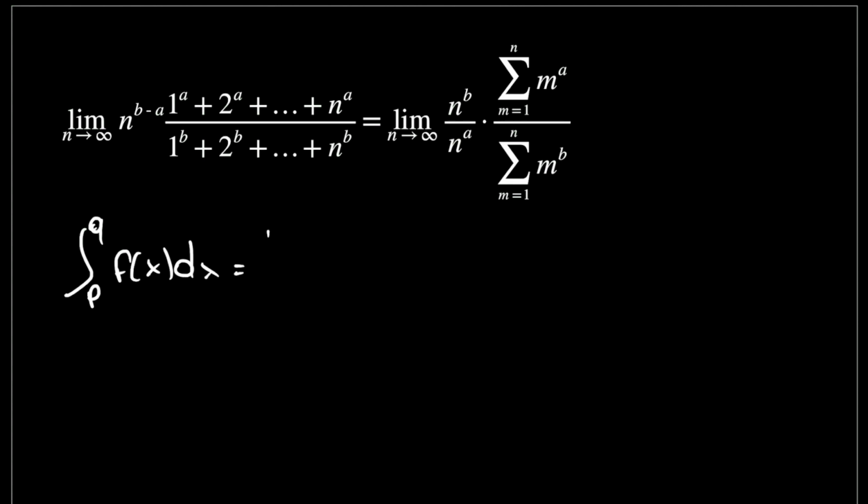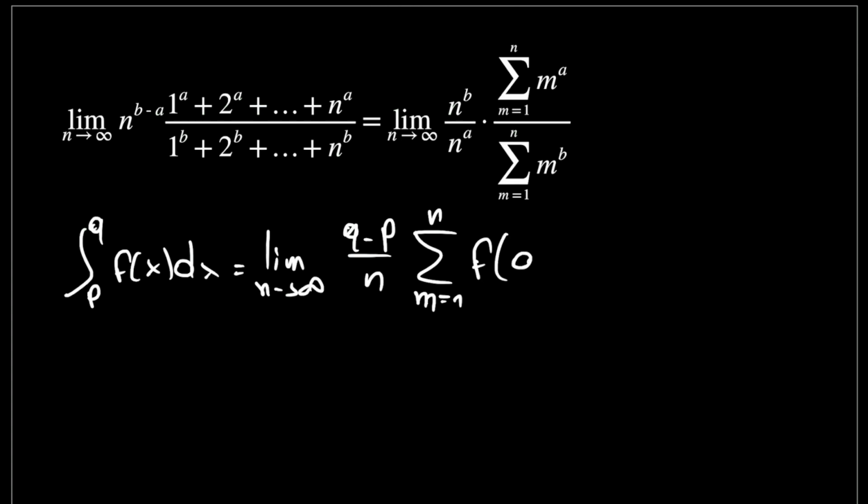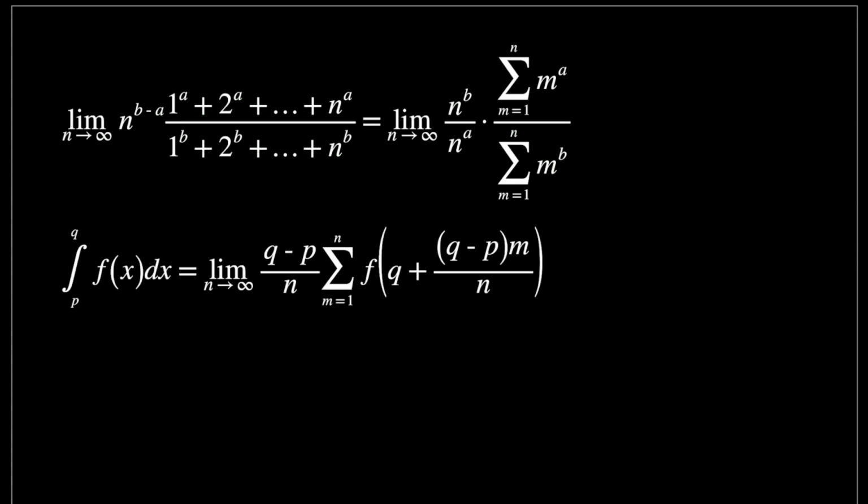That would be equal to the limit as n approaches infinity of q minus p divided by n times the sum from m equals 1 up to n of the function f of p plus (q minus p) times m over n. So what if we were to plug in p equals 0 and q equals 1?